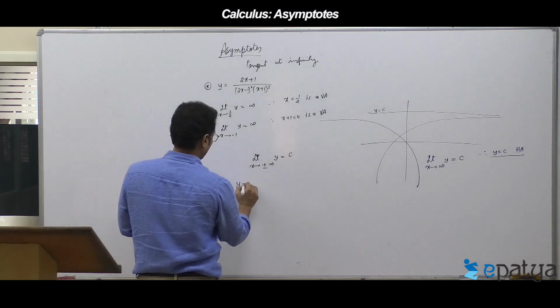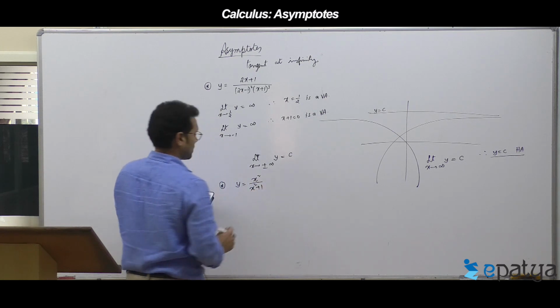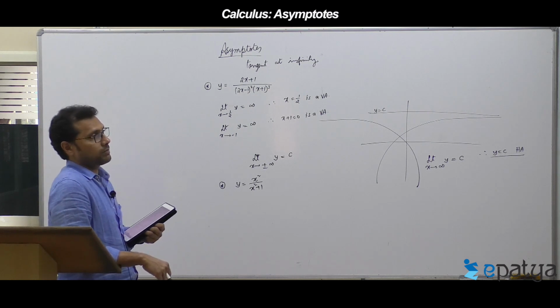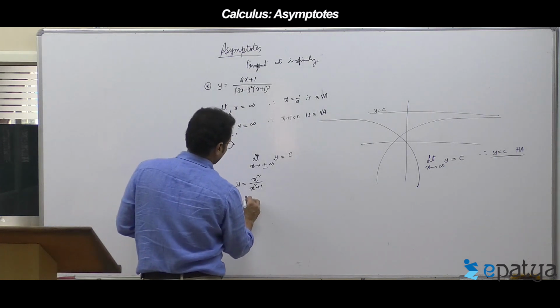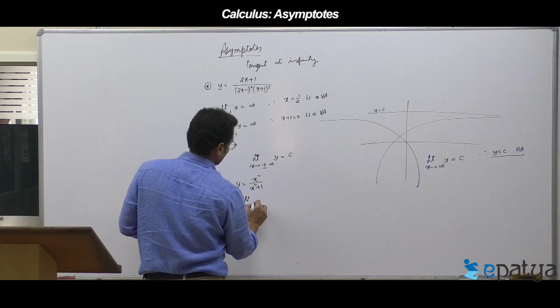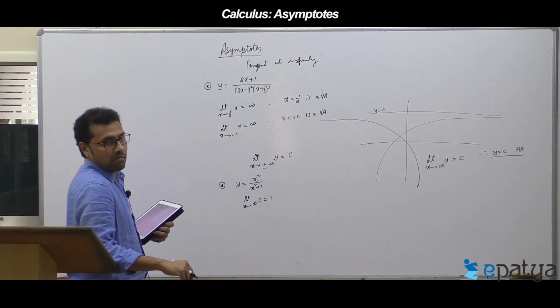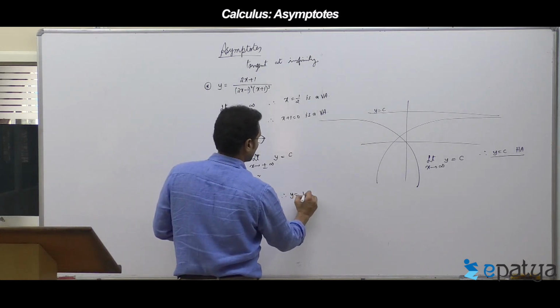Example, y equal to x square by (x square plus 1). So if I consider limit x tends to infinity, y becomes equal to 1. Therefore, y equal to 1 is a horizontal asymptote.